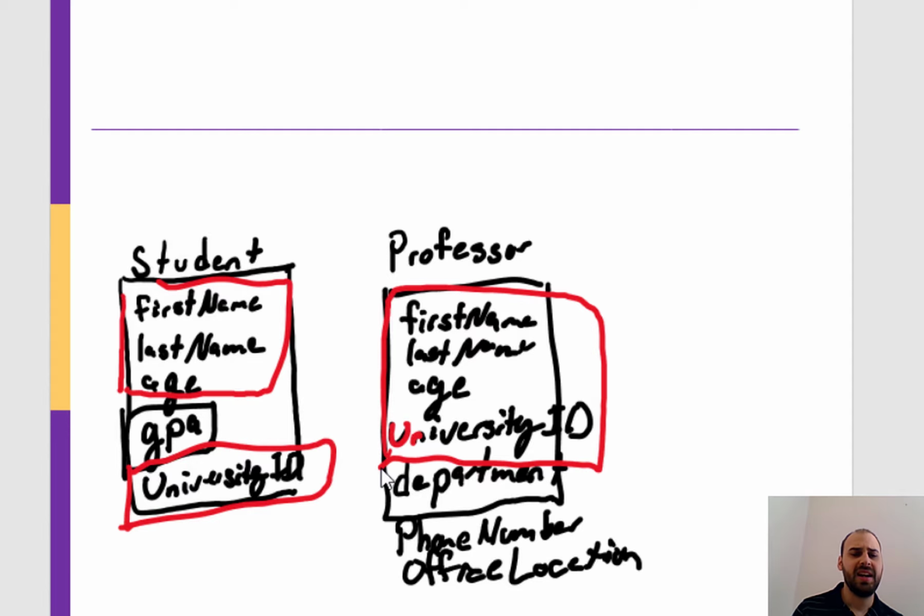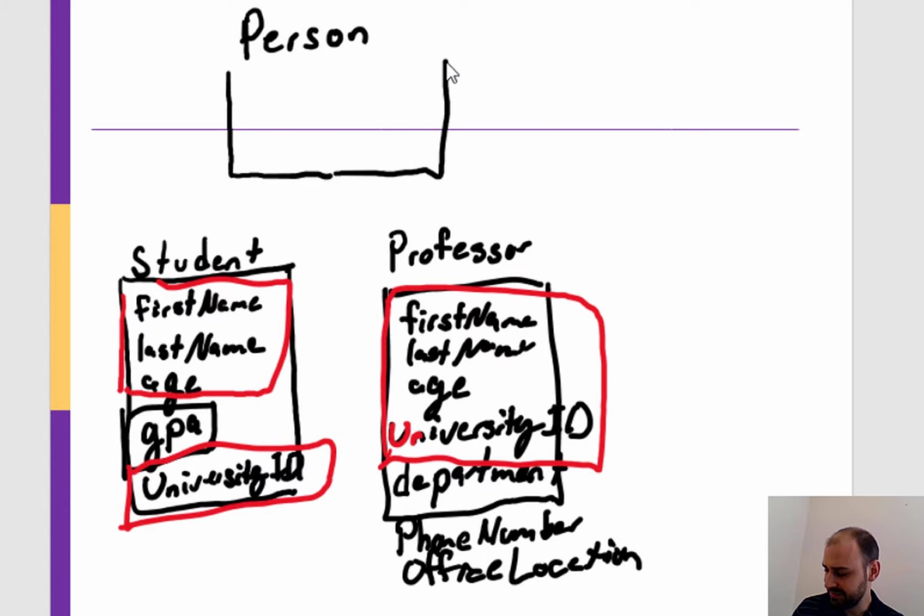Okay. And we can exploit this with a concept called inheritance that allows us to take a single class, which we're going to call a superclass, and I'm going to call it a person. Okay, it's a person in the context of the university. And I'm going to have a single class for a person that contains all of the shared information.